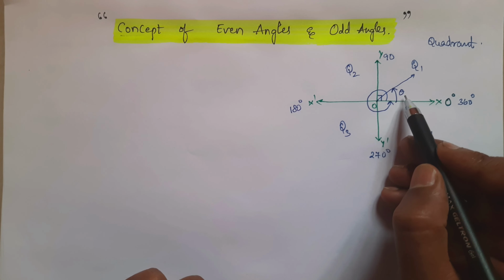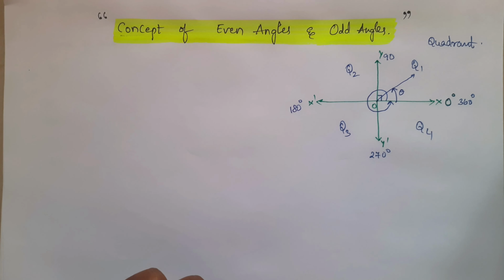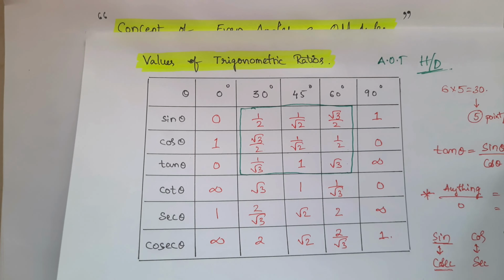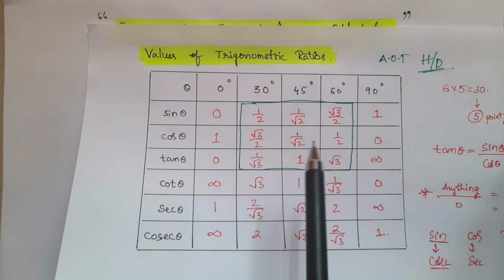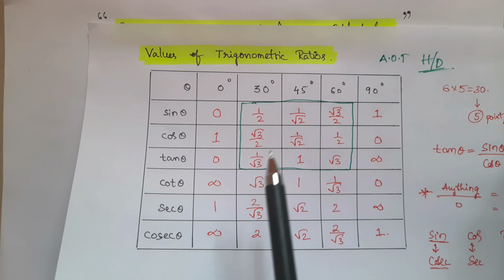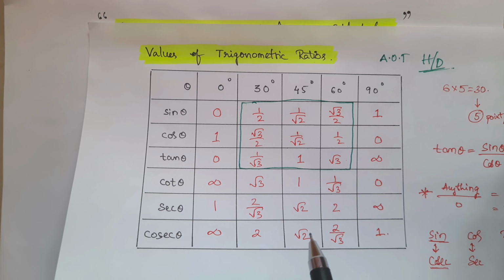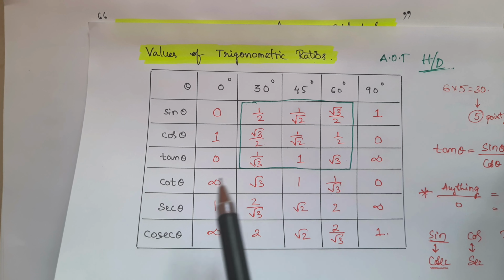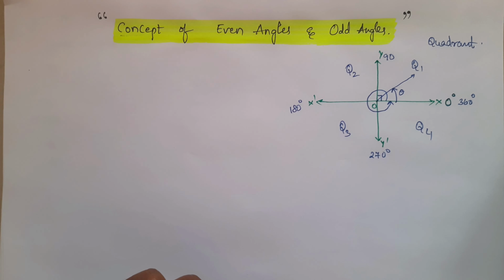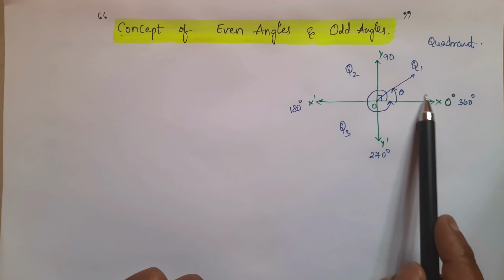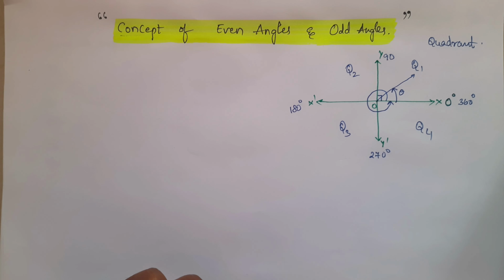If you consider any trigonometric function of theta, see, I will show you. These all values lie only between 0 to 90. If you observe, all the values are only positive. It may be 2 root 2, 1 by root 3, 1 by 2, 0, infinity, but these are always positive, right? So that means in 0 to 90 degrees, any trigonometric ratio you take will always be positive.